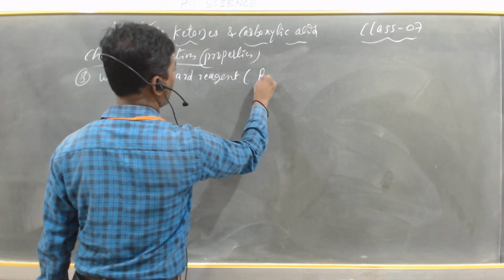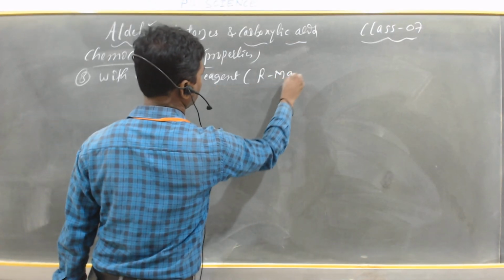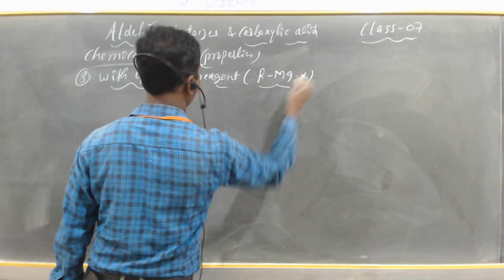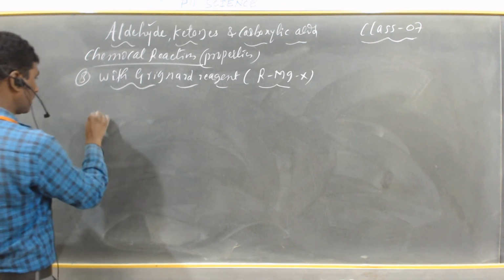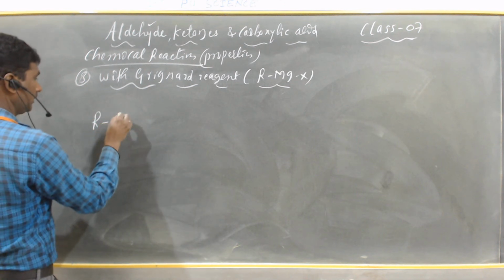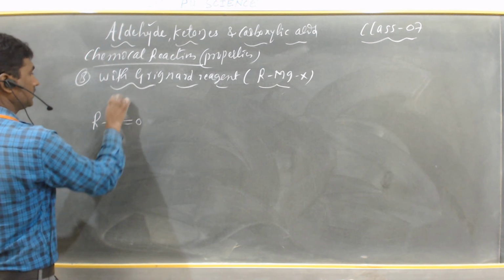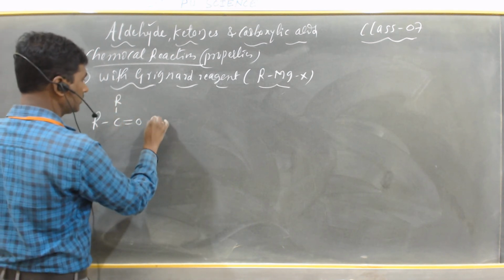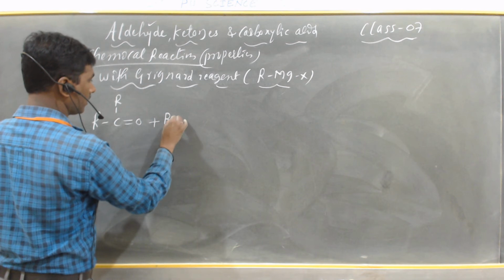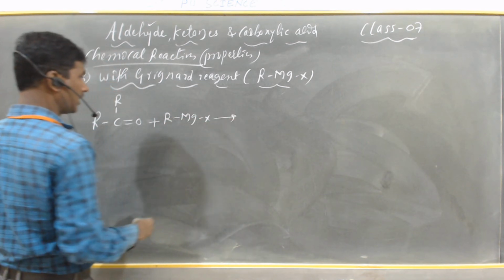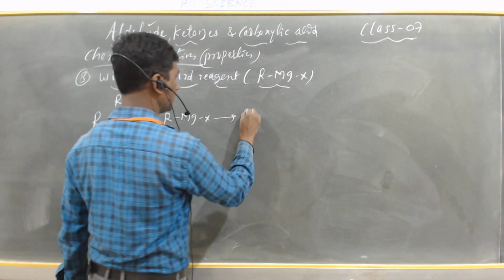What is the formula? RMgX is the Grignard reagent. Yes, my dear students. Take R, C double bond O, R. This is a ketone. To this ketone you have to add RMgX. What happens here?